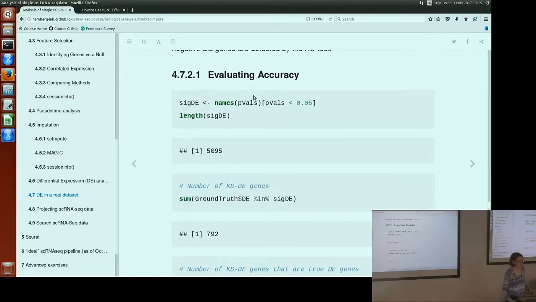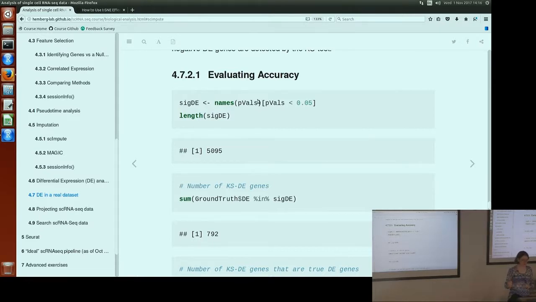Now we want to evaluate the accuracy of this test using the ground truth from the bulk data. So here we can look at how many genes it's identified as significantly differentially expressed. And you can see that it's over 5,000, which is a lot. It's probably incorrect. This is because it looks at the full distribution of expression values. That means the test is extremely sensitive to any sort of difference.